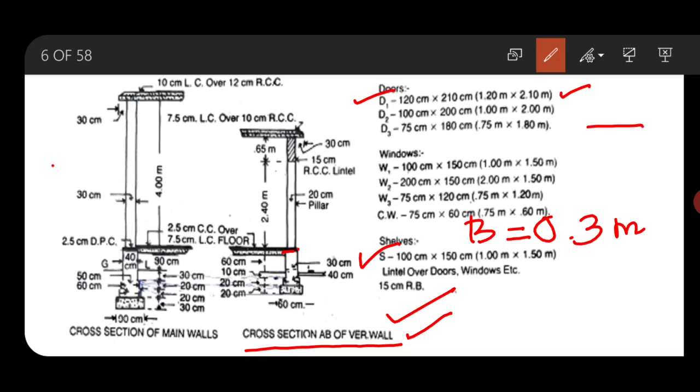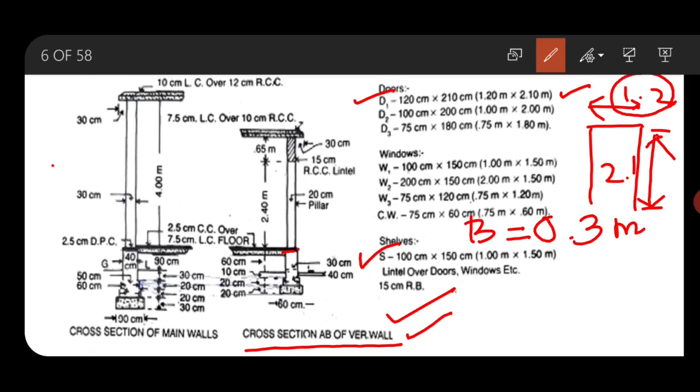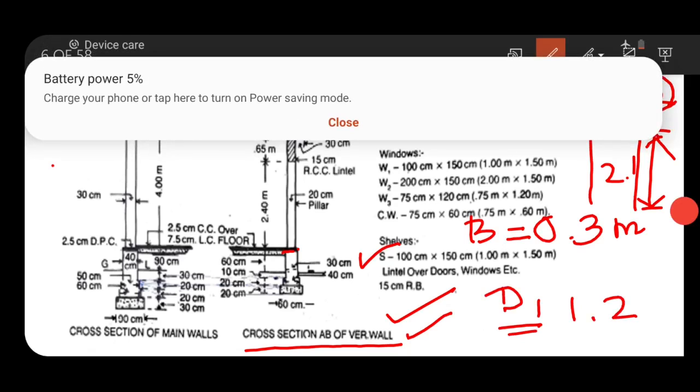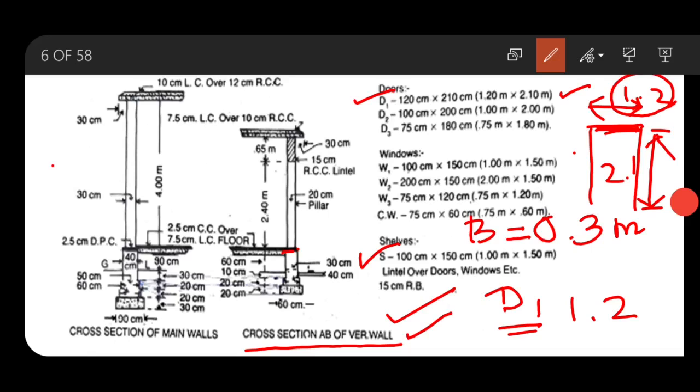1.2 by 2.1. That means if this is the elevation of a door, this portion will become 1.2 and this is the 2.1. So for deduction purpose we have to subtract this side of the door. So the subtraction for this D1 will be 1.2 by 0.4.